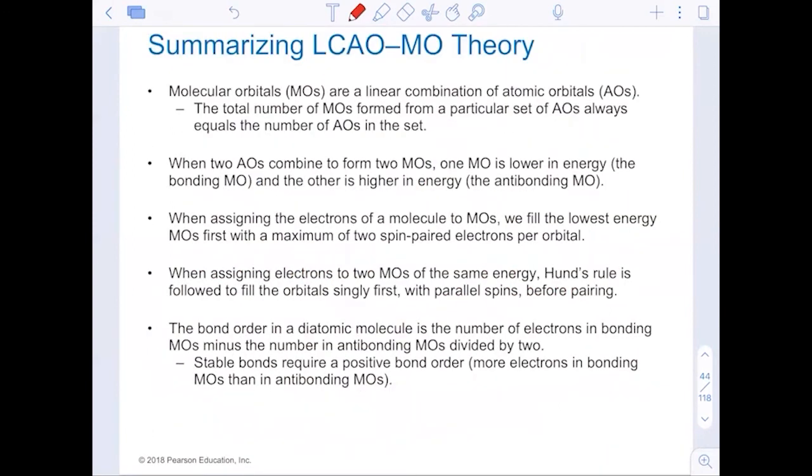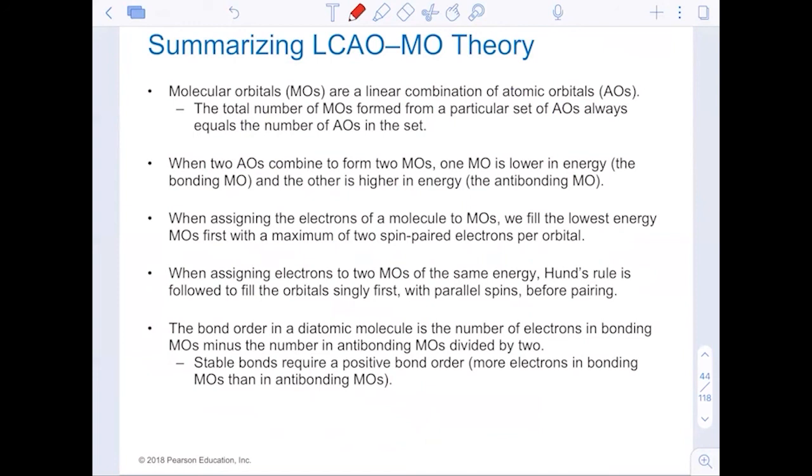So MOs are a linear combination of atomic orbitals. The total number of MOs formed is always going to be equal to the number of atomic orbitals that it actually came from. So 2 atomic orbitals go in, 2 molecular orbitals have to come out.